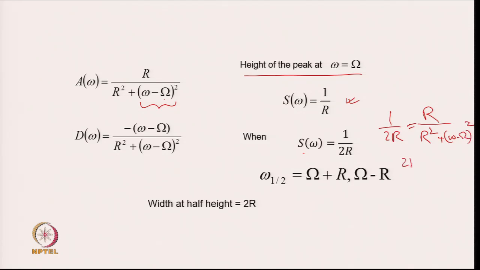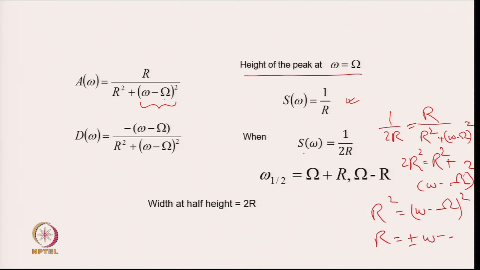What that means is 2 R square is equal to R square plus omega minus capital omega square. So, R square is equal to omega minus capital omega square, so R is equal to plus or minus omega minus capital omega. And that means omega will be equal to capital omega plus R and or capital omega minus R.